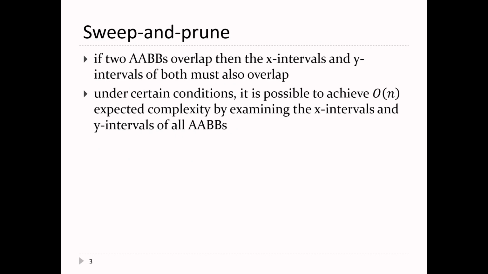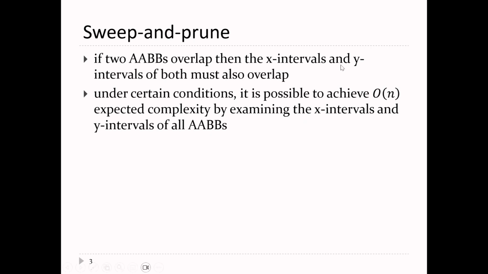Okay, so there's an algorithm called sweep and prune. If two axis-aligned bounding boxes overlap, then it must be the case that their x intervals and their y intervals both overlap. That's the only way you can have two overlapping boxes. So under certain conditions and assumptions about how your game works, it's possible to achieve O(n) expected complexity if you pay some attention to how you examine whether or not things are colliding.